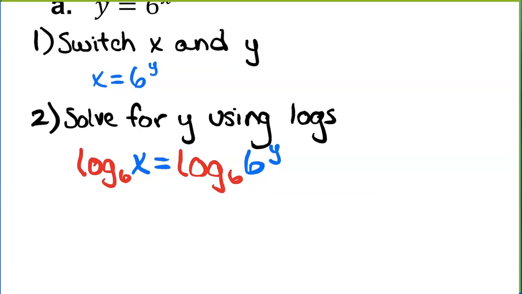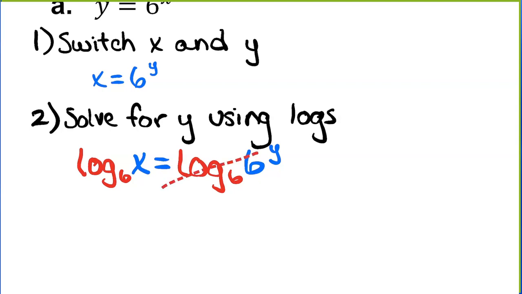Okay, a couple things to notice here. First of all, in terms of placement, this 6 is on a level with that log, because we have a subscript, we have the normal level, and then we have a superscript now to worry about, and it matters where you put these. So the 6 is on, I'm putting quotations, the normal level, on the level with that log. The sub, I'll show you where that is on your keyboard for Go Formative, but that's down below, and then this y is in the exponent spot.